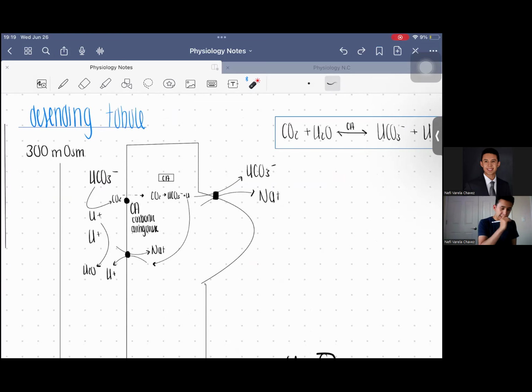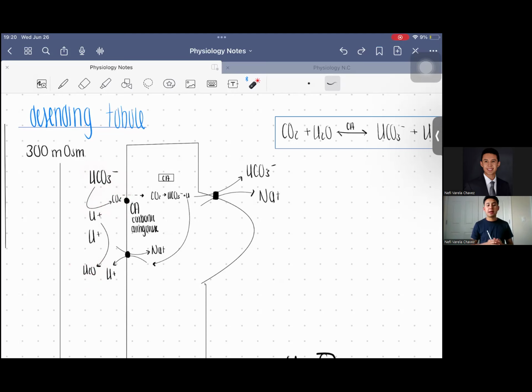Okay, so that is what is going to happen here. We're going to have bicarbonate that is going to donate its proton, creating two things: water and carbon dioxide. That's going to happen in here.